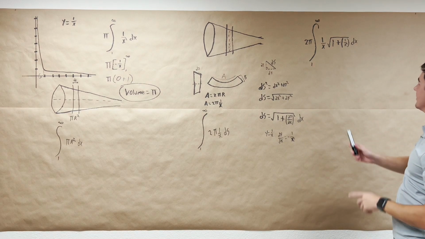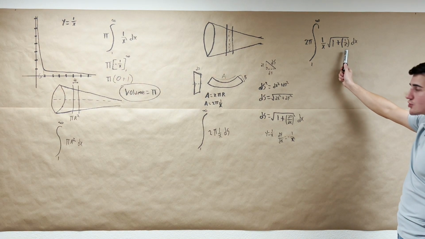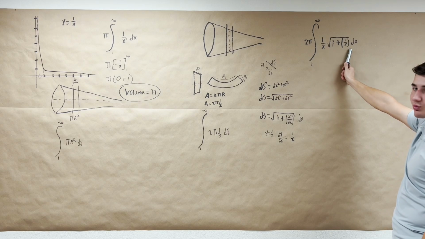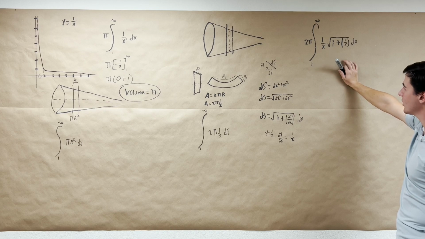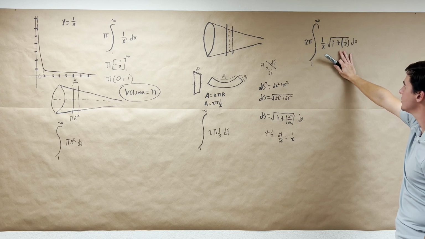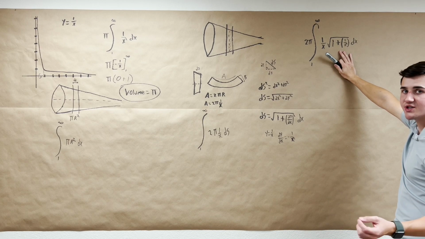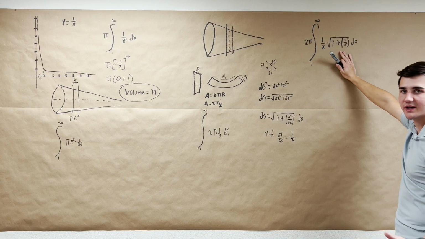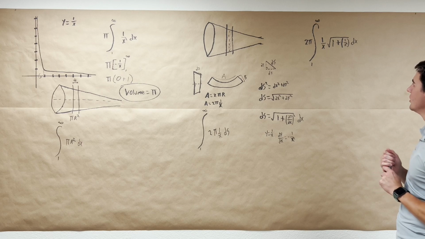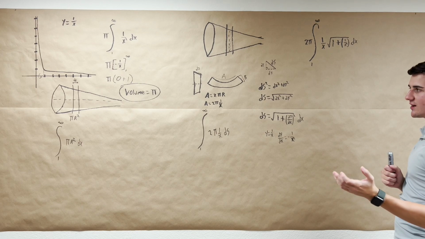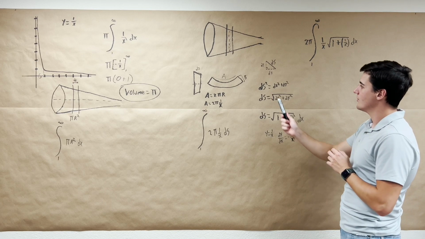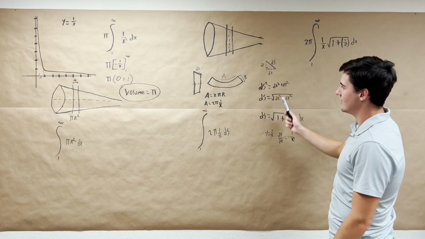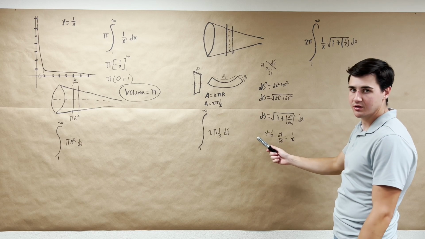However, this is an atrocious integral to work out. We could work this out through trig substitution, but I don't have the patience nor the paper to work that out here. So we already suspect, because of the nature of this paradox, that our surface area is going to be approaching infinity.